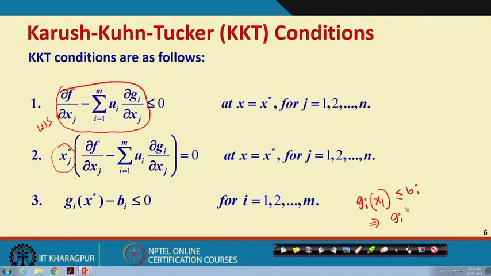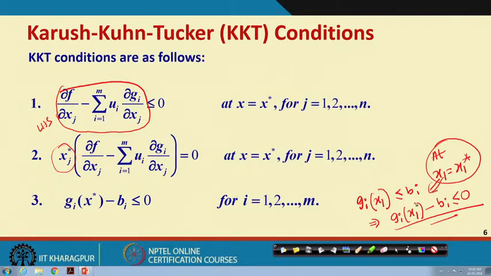The same original constraint has been rewritten in this form at x 1 equal to x 1 star.